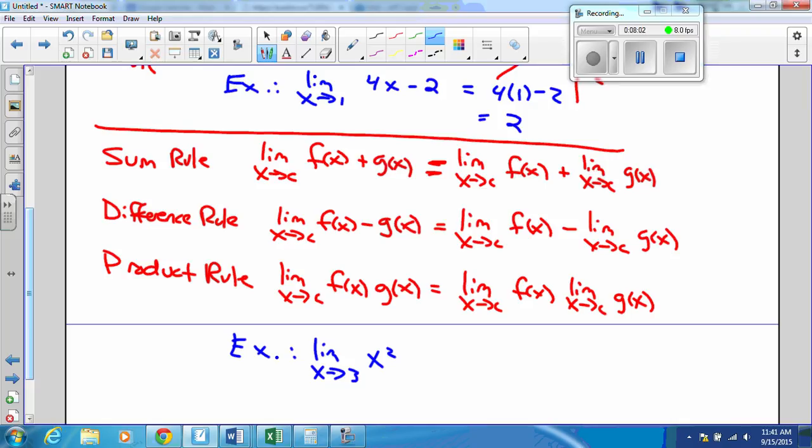So limit as x goes to 3 of x squared is the same as the limit as x goes to 3 of x times x. And that's simply rewriting squaring for what it is. And now I have a product, which means I can use the product rule. The limit of a product is the product of limits.